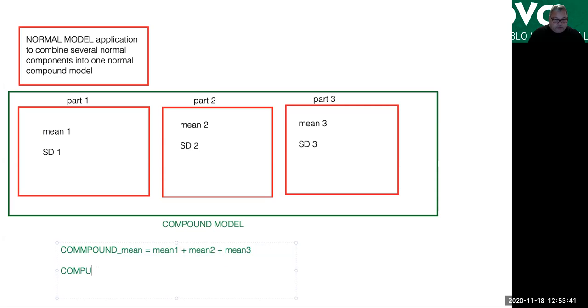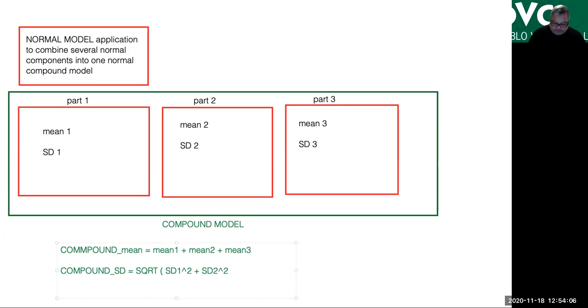And the standard deviation of the compound will be the square root of the standard deviation of each part squared. So you first convert each standard deviation to a variance.